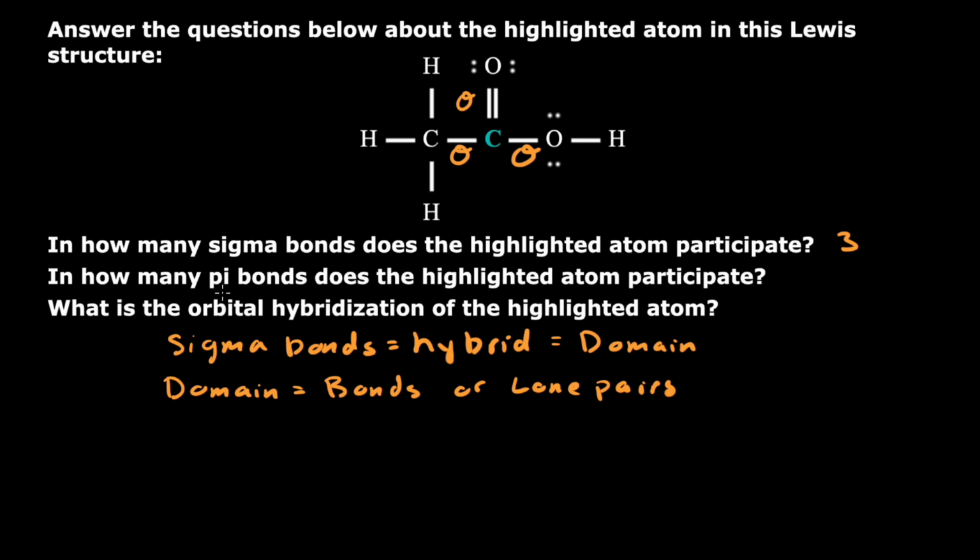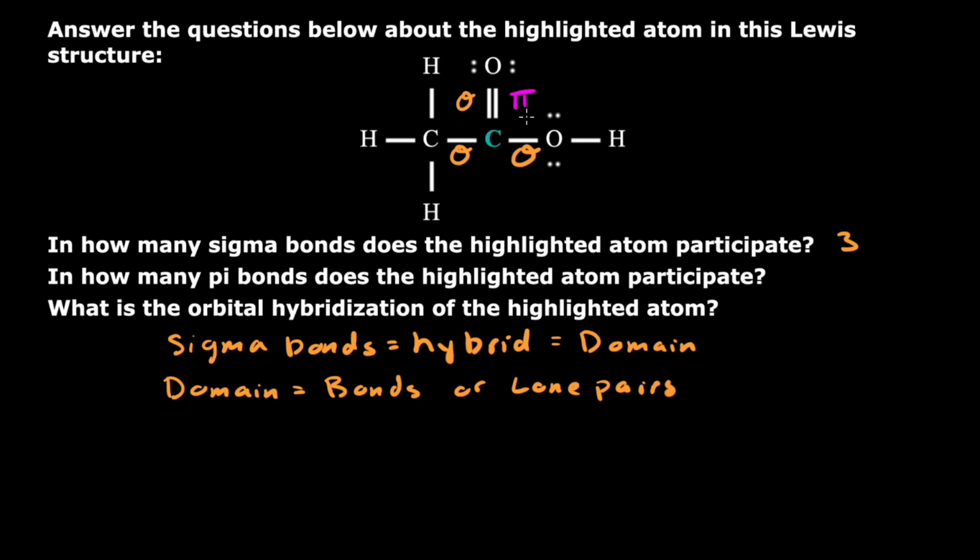Now we have to figure out the pi bonds. For pi bonds, you want to find the double bonds or triple bonds. We don't have any triple bonds, but we do have this double bond. Because this bond was the sigma, this other bond has to be the pi.